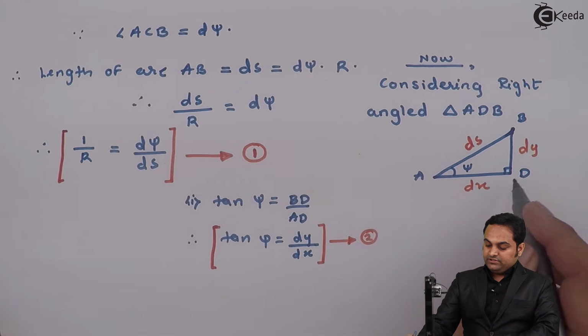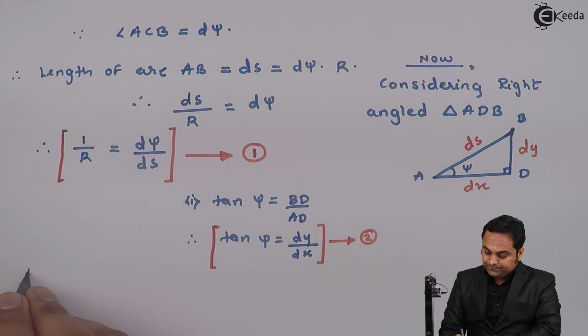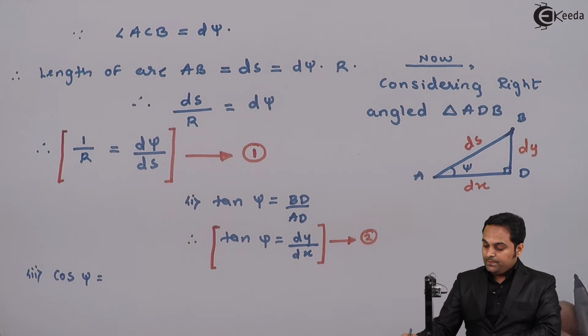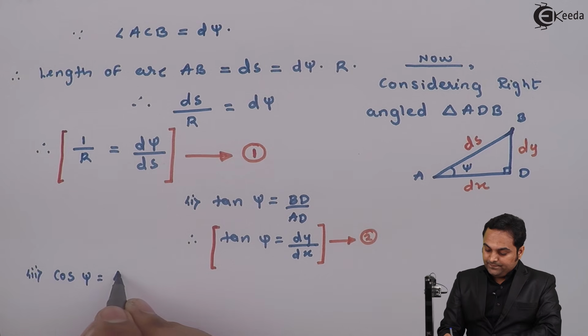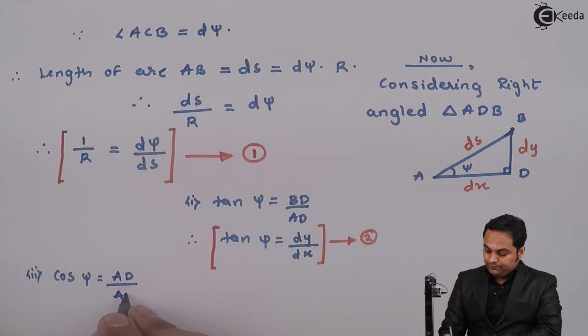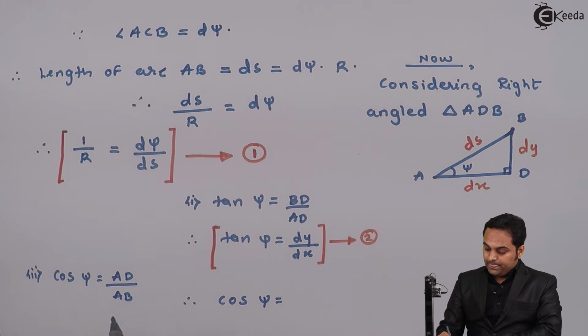Next, from the same triangle I'll get another relation, that cos psi will be equal to adjacent side AD upon hypotenuse side AB. So therefore cos psi will be equal to AD is dx and AB is ds.